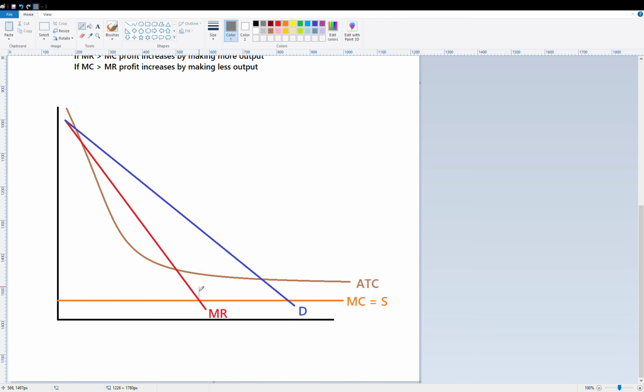They'll produce right where MR is equal to MC, up to the demand curve. They'll produce this much, right here. But the optimum point is right over here. If they produce at the optimum level, they'll take a loss, because it's below the ATC. But here they'll make a profit, because it's above the ATC. So they'd rather produce here because they want profit.